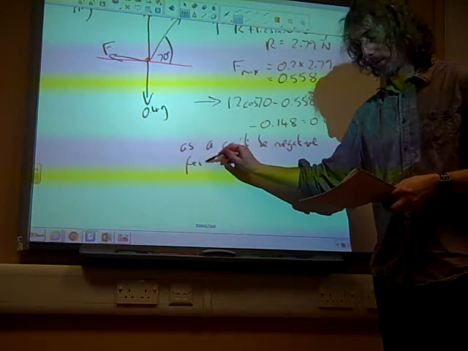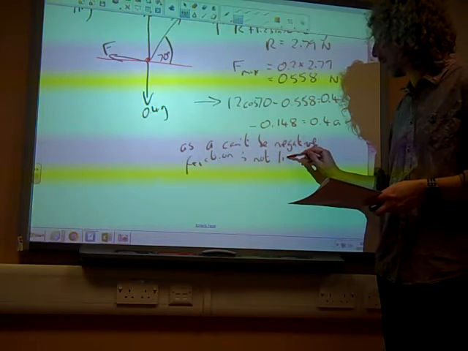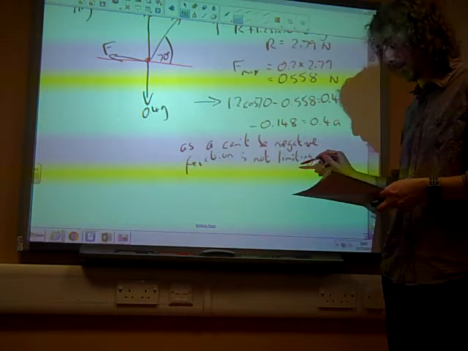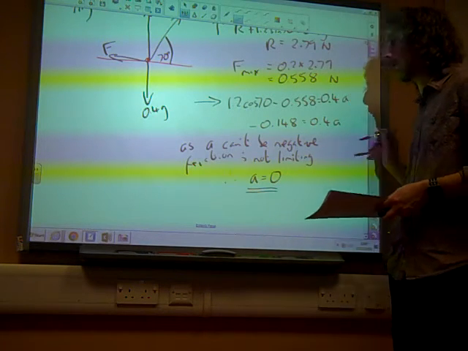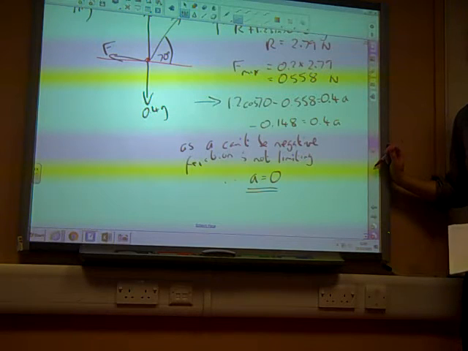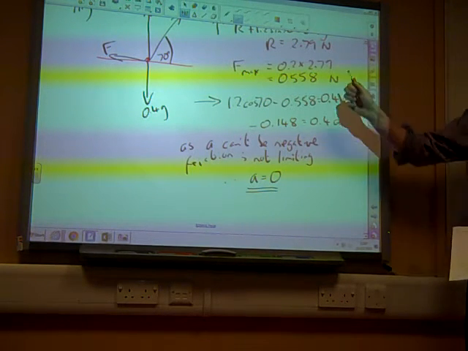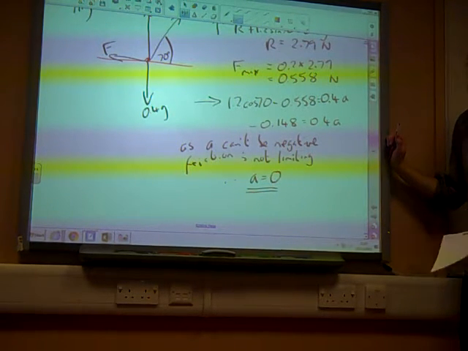Friction is not limiting in this case, therefore A equals 0. We have to conclude that because the friction can't be producing the acceleration, friction didn't take this maximum value, it was less than that, and we ended up with A being 0. We must conclude that A equals 0 at the end of this.